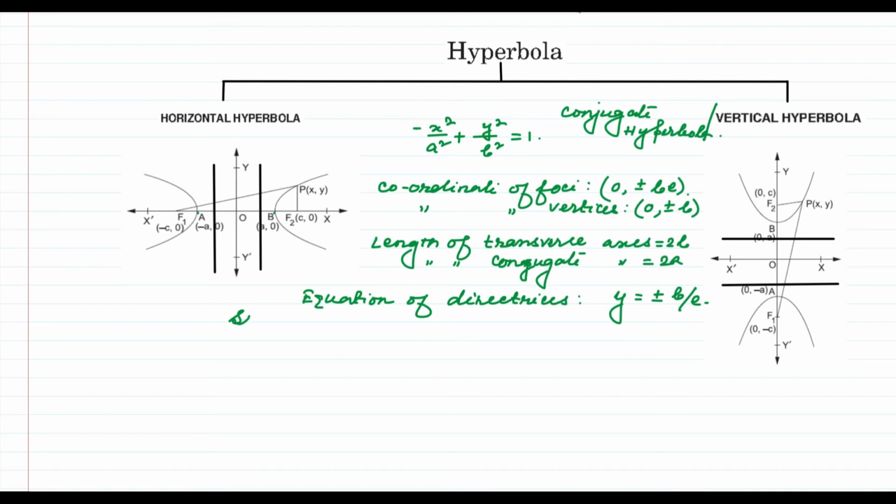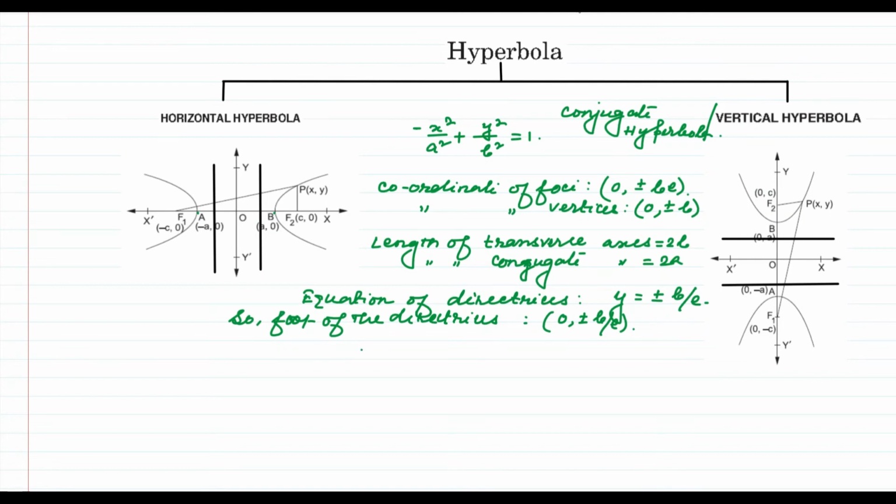So the feet of the directrices are 0 comma plus minus b by e.